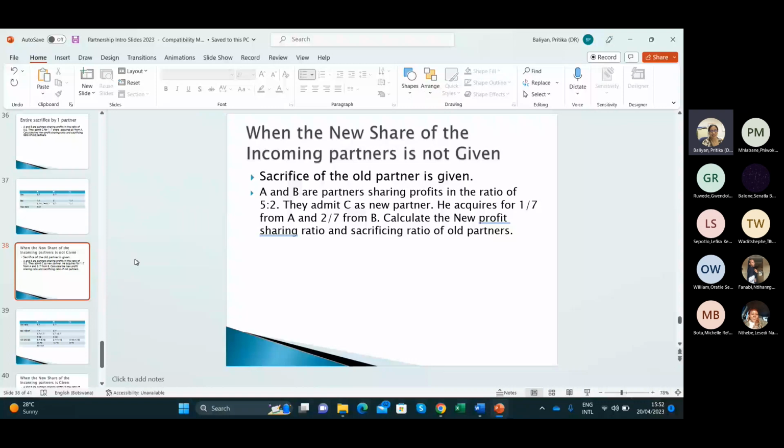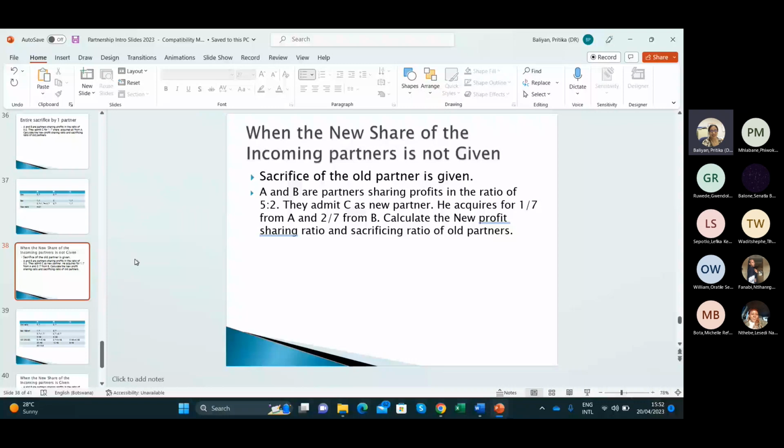For example, A and B are partners sharing profit in the ratio of 5:2. They admit partner C as a new partner. He acquires 1/7 portion from A and 2/7 portion from B. But how much he gets is not given, the share of the partnership is not given there.